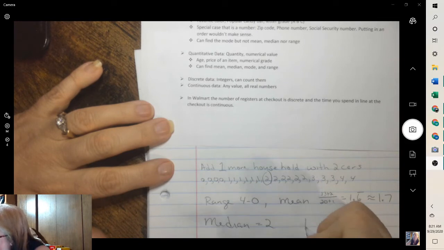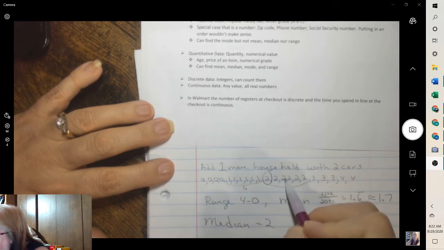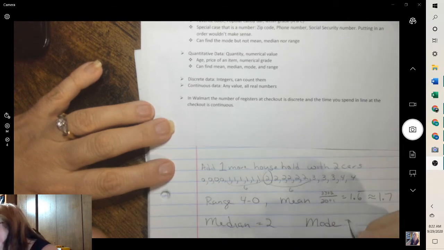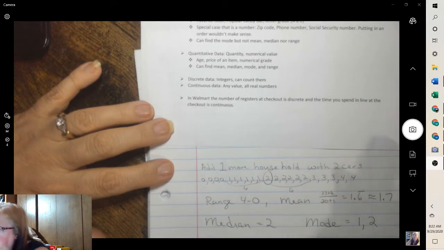And mode. Well, we had 6 ones. Now we added a 2, so we have 6 2s, which means our mode is 1 and 2. Because 3, 4, and 0 are still less. So our mode is 1 and 2.